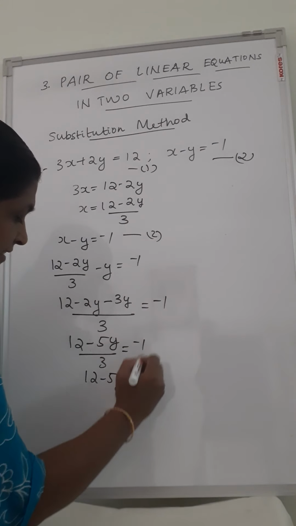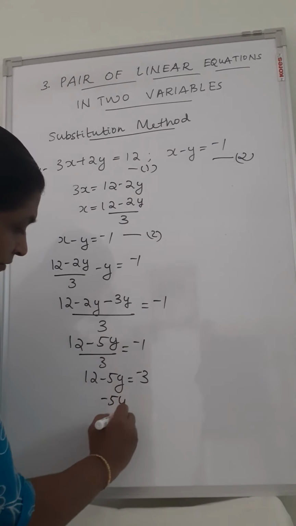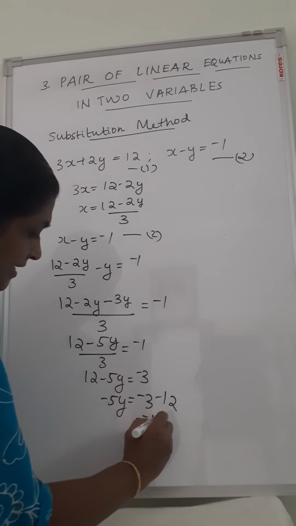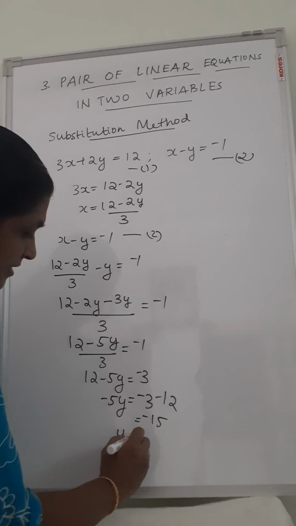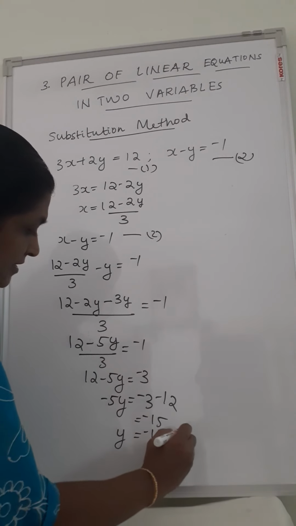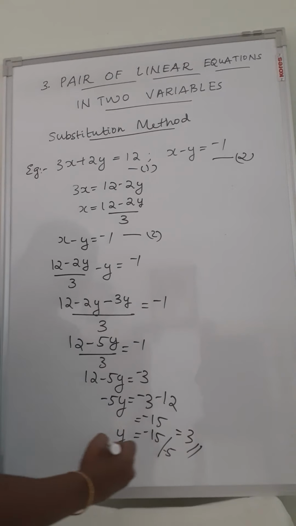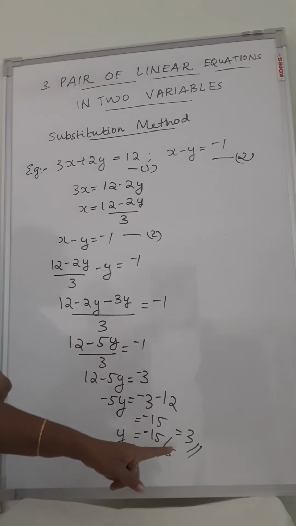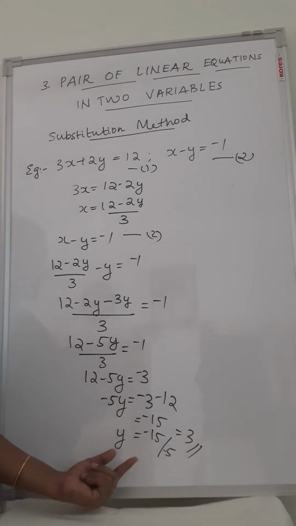Minus 5y is equal to minus 3 minus 12, that is minus 15. Then y is equal to minus 15 divided by minus 5, which is 3. Okay, clear? y is equal to 3. We get the value of y.